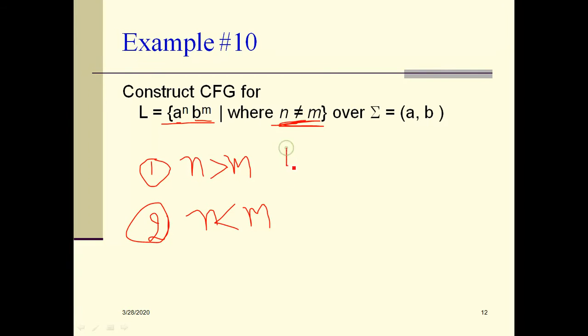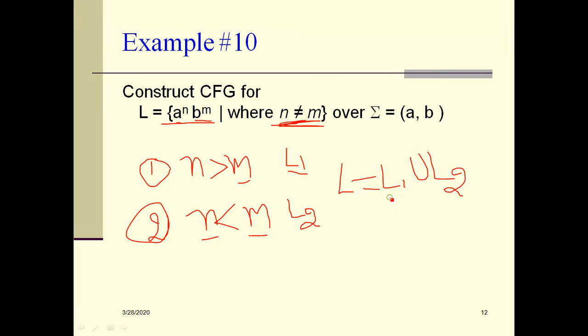Let's suppose in the first case I call it language 1 and in the second case language 2. In the first language L1, the number of a's is greater than the number of b's. In the second language, the number of a's is less than the number of b's. So my language L is actually the union of these two languages, L1 union L2. Any string is a valid string in my language L if the number of a is not equal to the number of b.